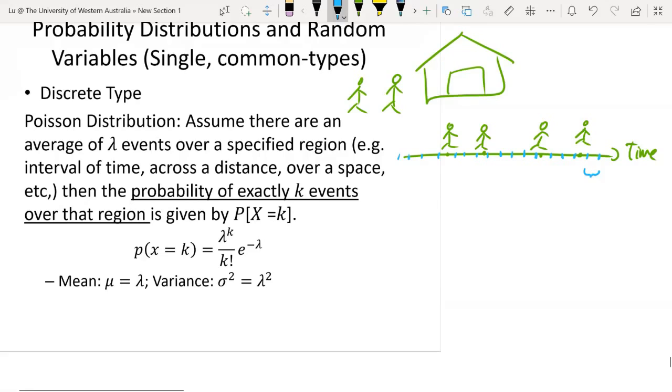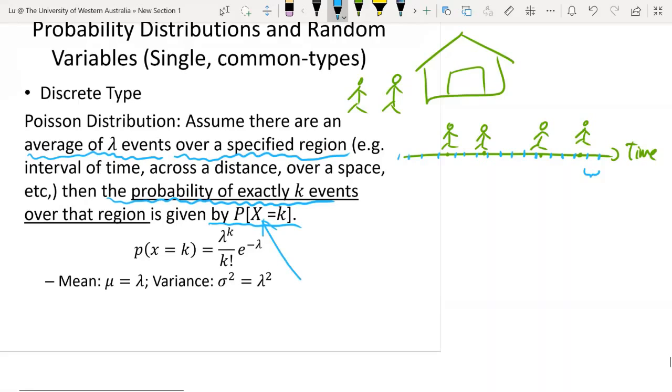In other words, for the Poisson distribution, we focus on the number of customers, or average number of customers, that come into my system within a unit time. Here you can see we assume there are an average of lambda events or lambda customers over a specified region, like a time interval, whatever. This is modeled by the Poisson distribution. The probability of exactly k events happening over that region is given by such probability.